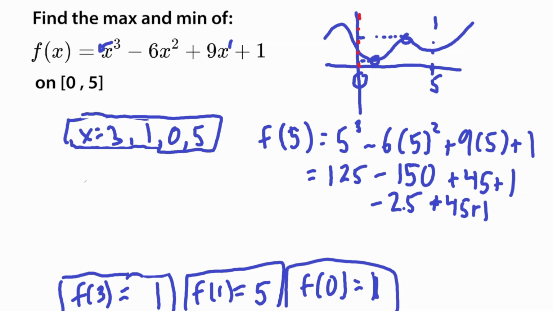Negative 25 plus 45 is 20, plus 1 is 21. So f of 5 is equal to 21.